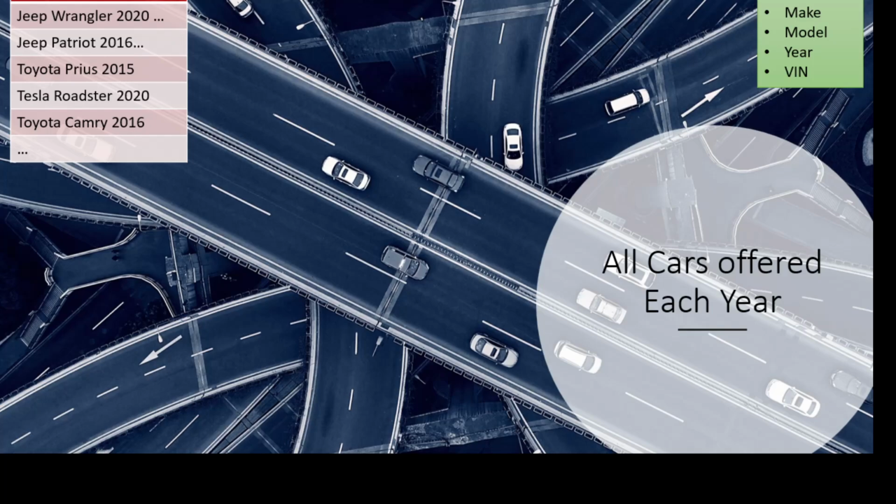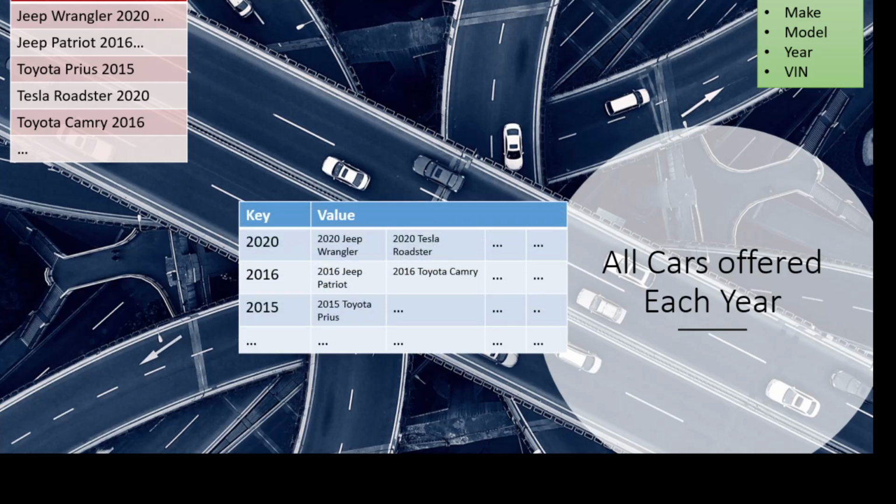All right, so I constructed mine where the key is 2020 again. We saw that before. And now the values are a whole object, a list of entire objects, or maybe even better yet, a set of entire objects. If I create a set and the key to the set is some limited items inside of there, so the 2020 Jeep Wrangler, the 2019 Jeep Wrangler would be a different item.